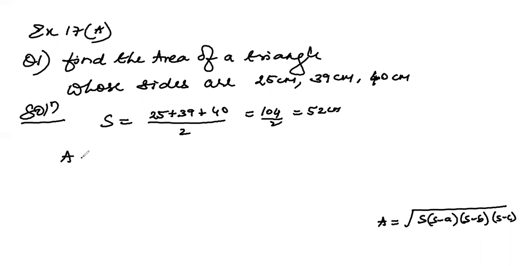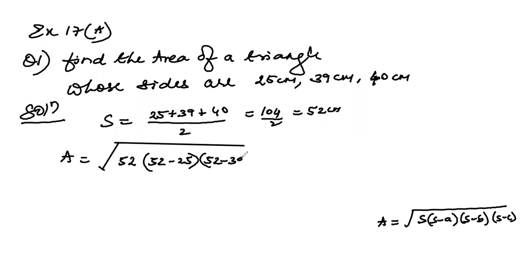Now I'll say area of the triangle is root of S into S minus A into S minus B into S minus C. S means 52 into S minus A, 52 minus the first side, into S minus B, 52 minus the second side, into 52 minus the third side.